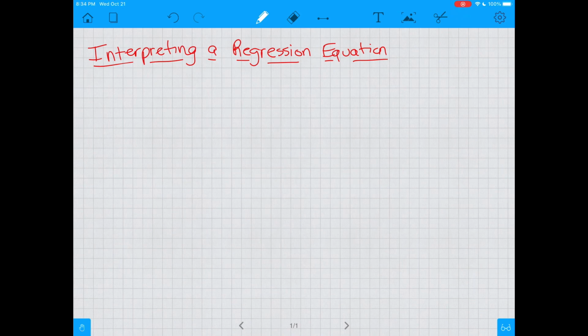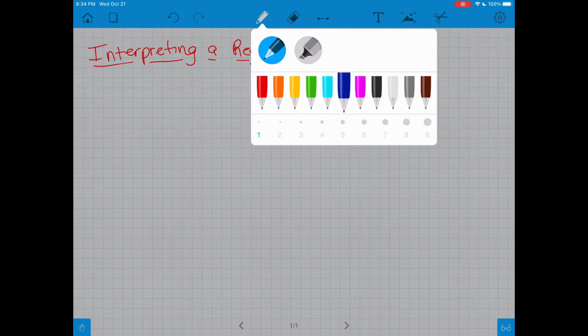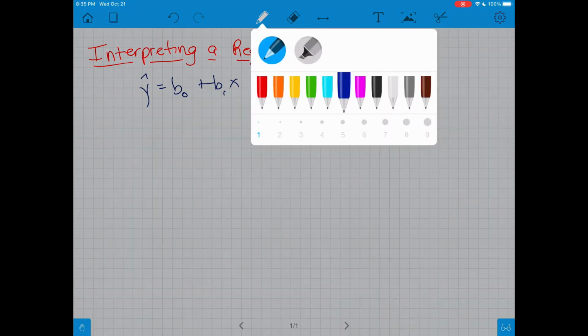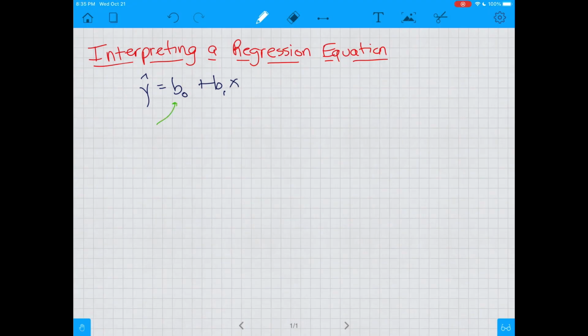Now, you can see the title here, Interpreting a Regression Equation. What you might see on a free response question, or as a multiple choice question, is that they might ask you to interpret different parts of that equation. So just to get ourselves familiar with what the formula sheet looks like for regression, it's b sub 0 plus b sub 1 x, where obviously here, b sub 0 is your y-intercept.